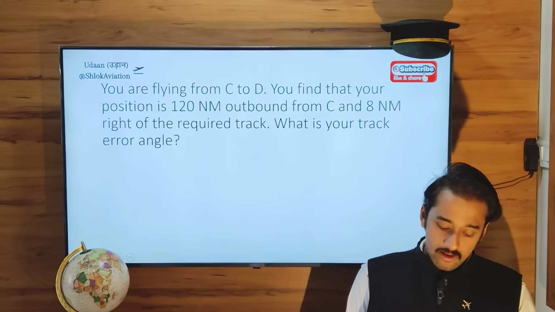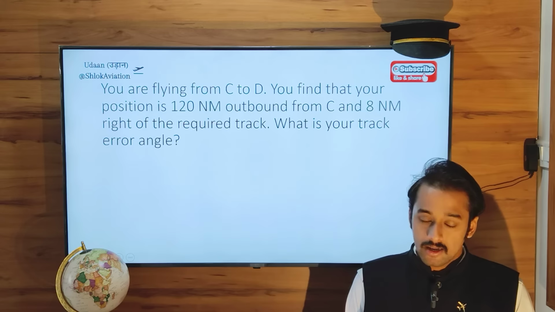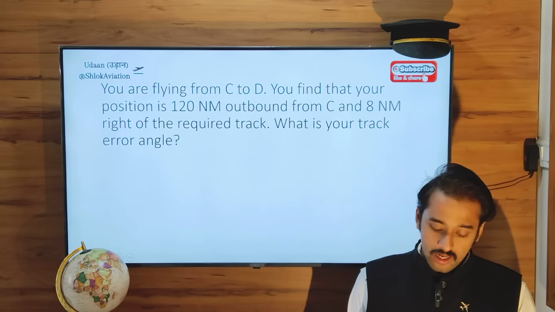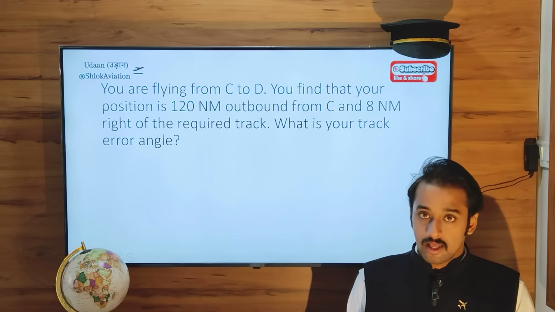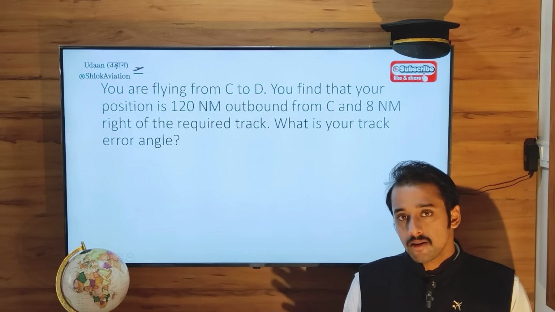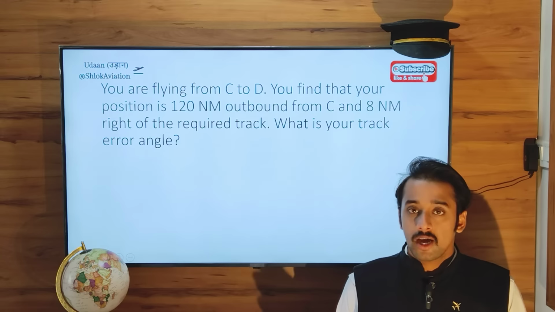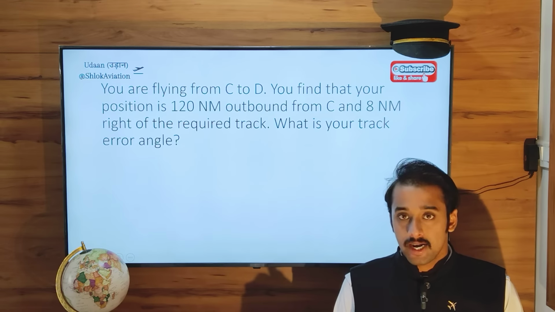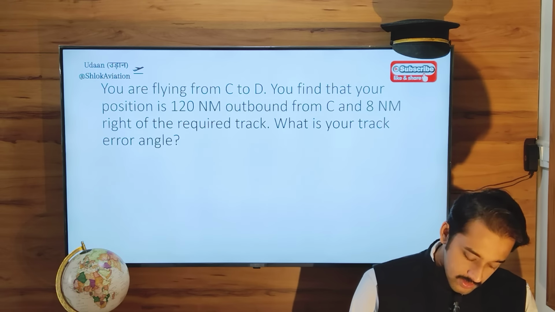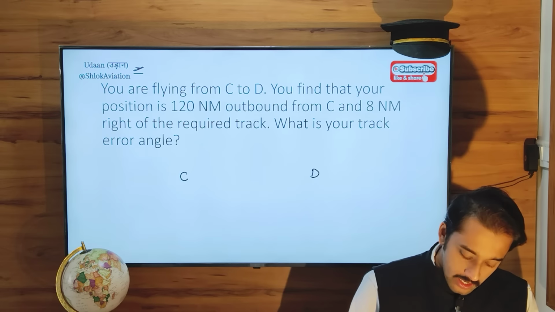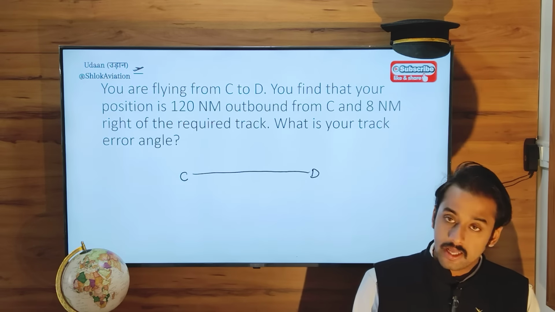Question 2. You are flying from C to D, Charlie to Delta. You find your position is 120 miles outbound from C, 8 miles to the right. This is a similar sum, but the values have changed and now you have found yourself to the right of the planned track. What is the track error angle? So let's draw this diagram. C to D, join that.